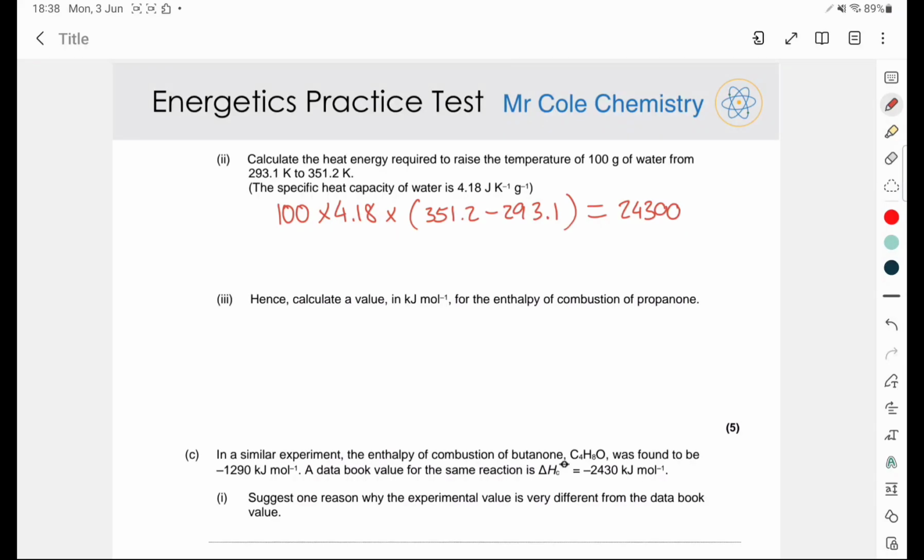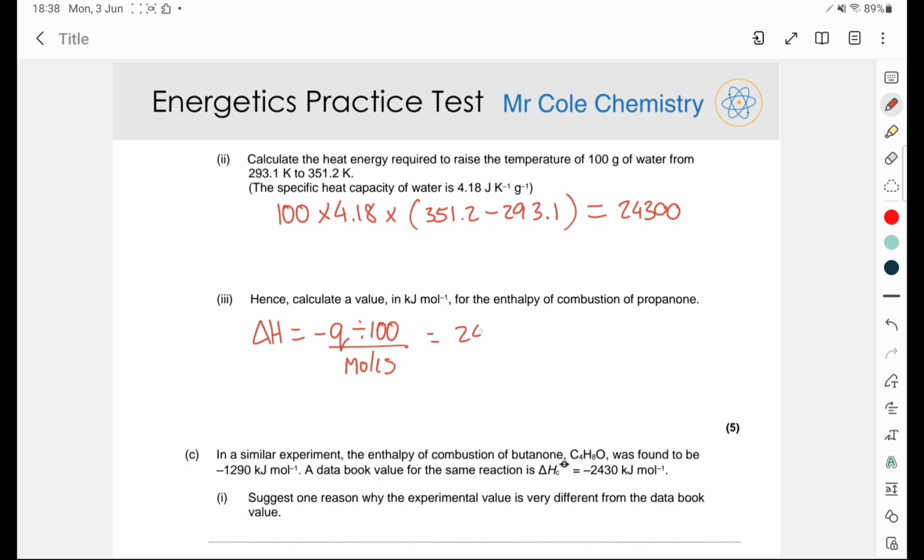Part 3 then is to work out the value in kilojoules per mole for the enthalpy of combustion of propanone. So we've worked out Q and we've worked out the moles, so delta H is equal to minus Q divided by 1000, that's converting our joules into kilojoules, over the number of moles.